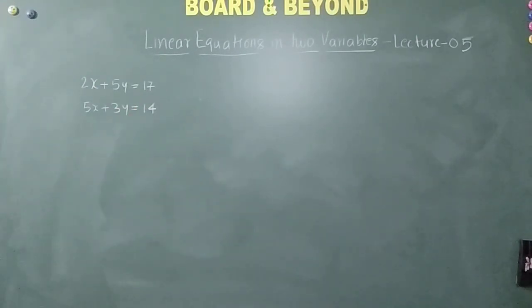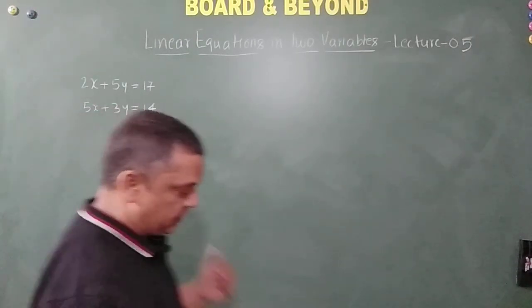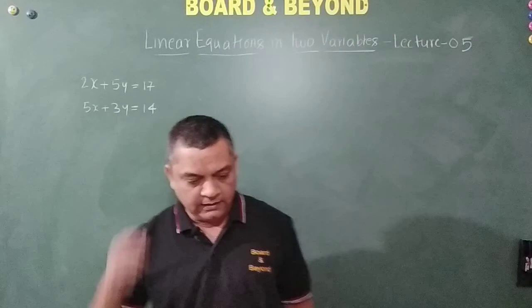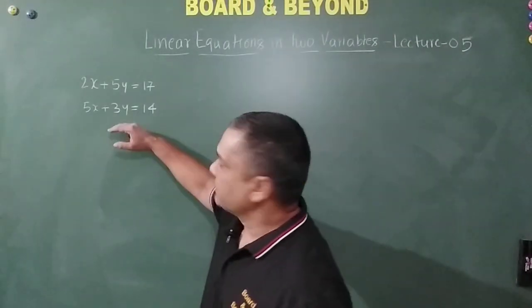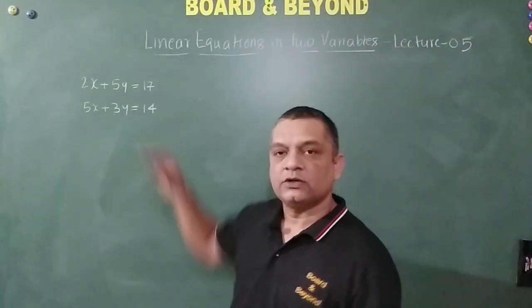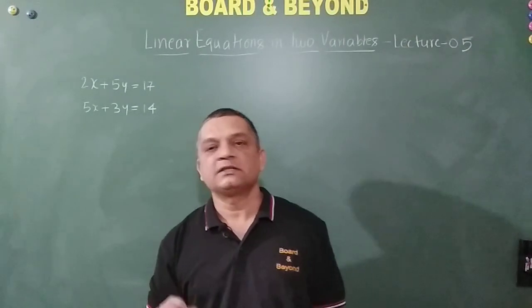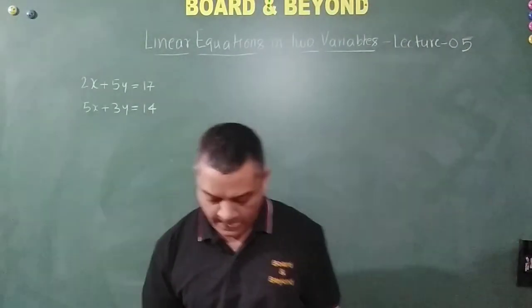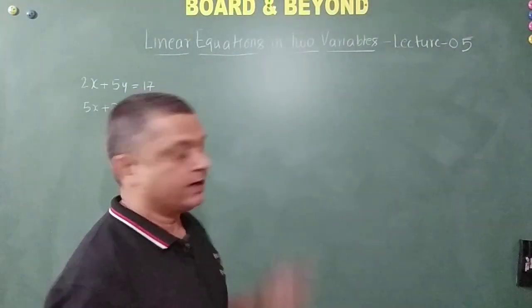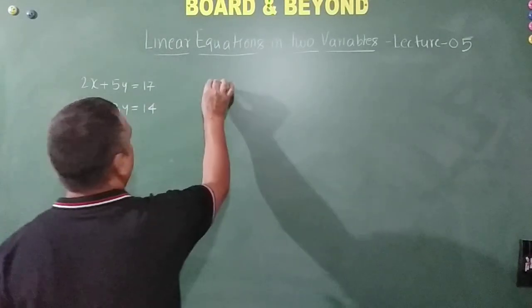What we are expected to do is to show that the system of equations has a unique solution, and hence find the solution. Let us write it in the standard form.